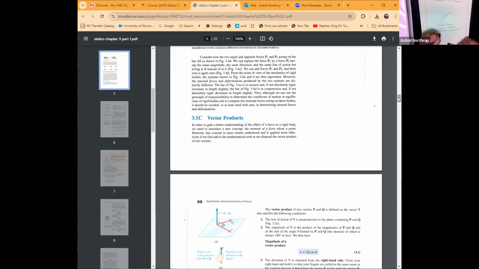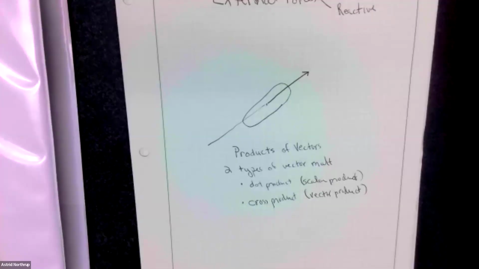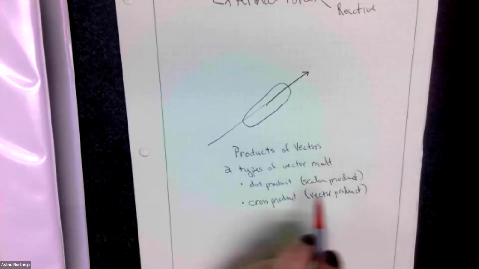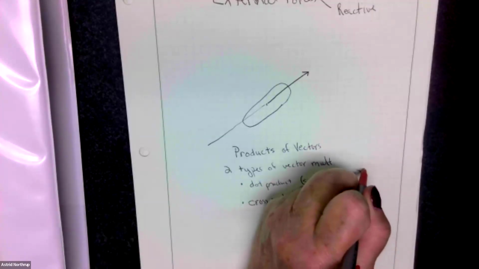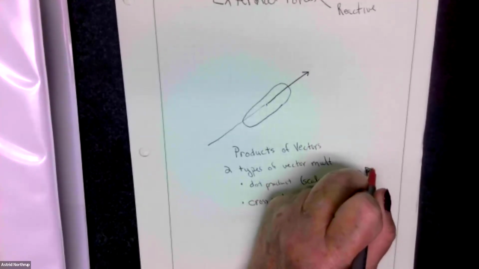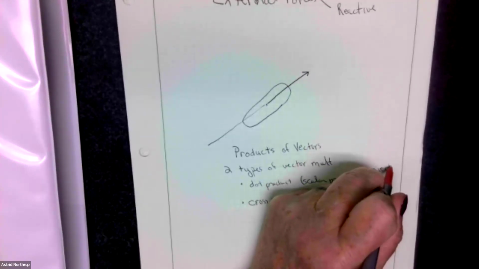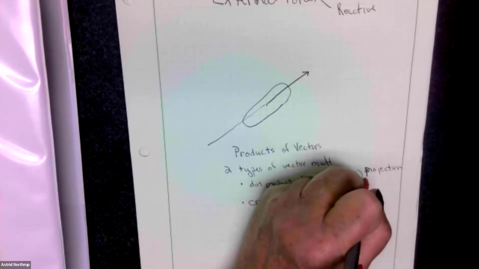And then there is a cross product, which is more accurately called a vector product. Well, what that means for us is that a dot product is two vectors. It's the projection of one vector onto the other, mathematically.